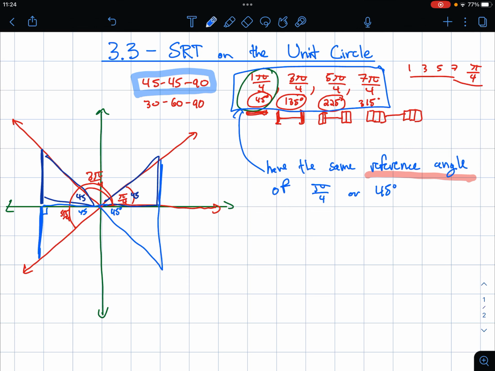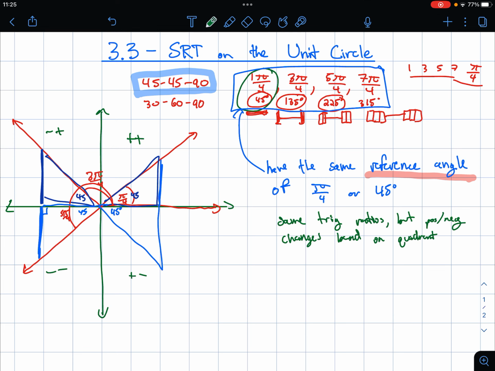So they will have the same trig ratios, but positive, negative often changes based on quadrant, where the first quadrant is plus plus, so x and y are both positive. Second quadrant is minus plus, x is negative, y is positive, minus minus, and plus minus. And so that's what's going to happen here.